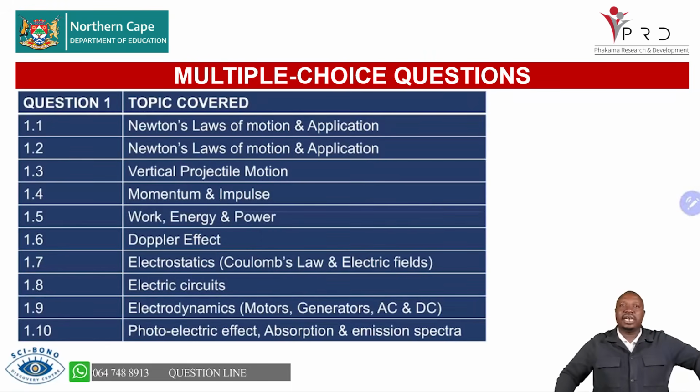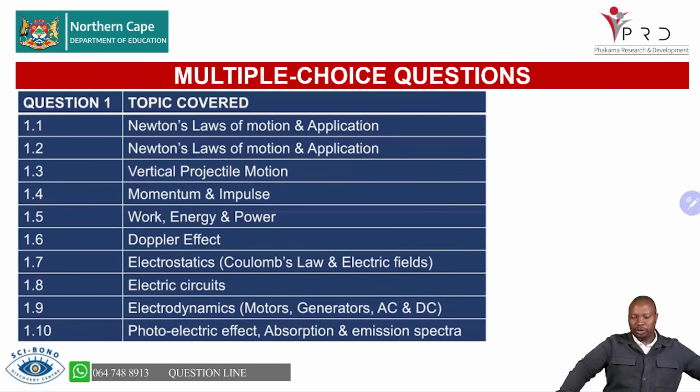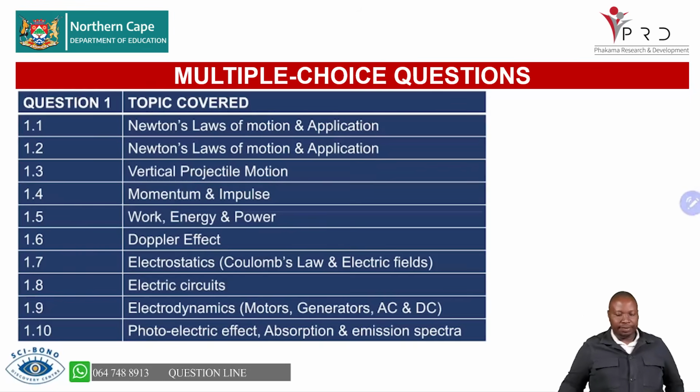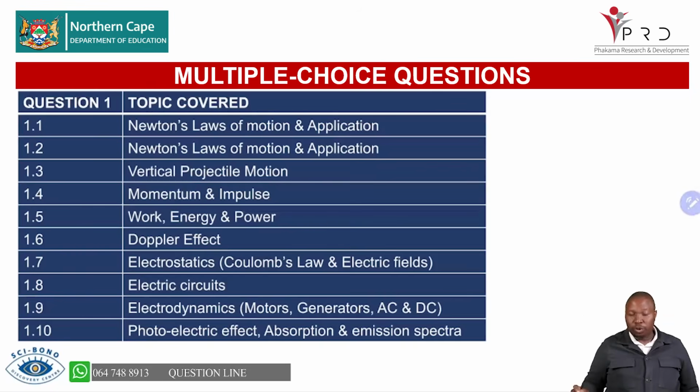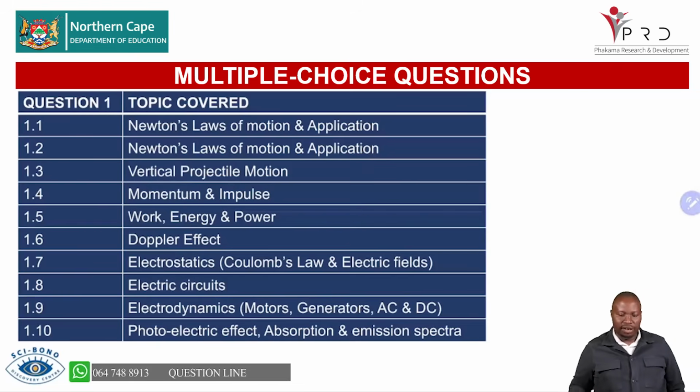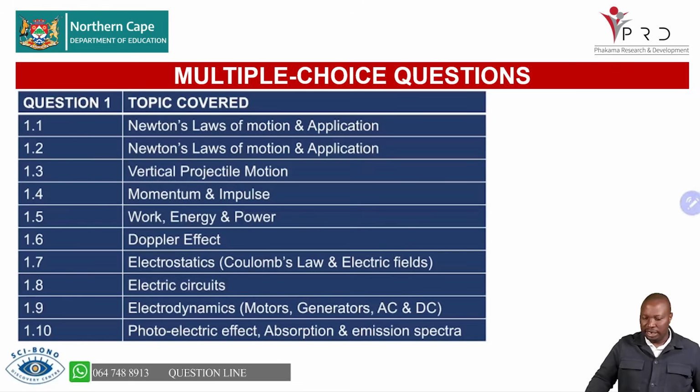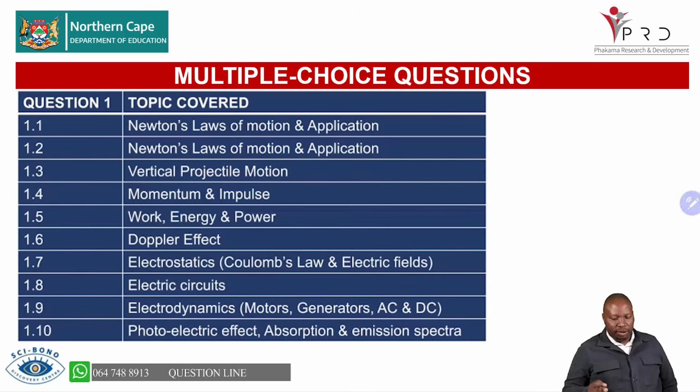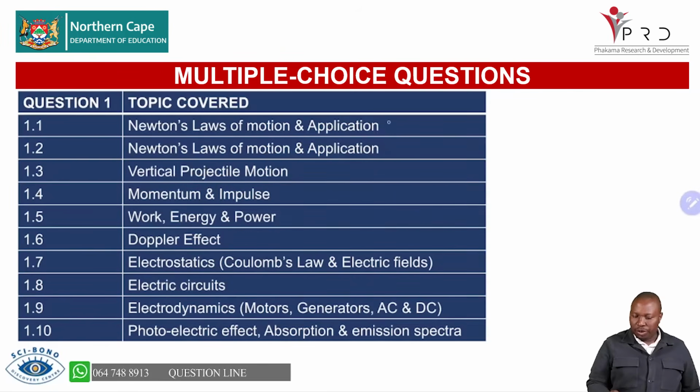Now, if we look at the structure of multiple choice questions that were written last year in November 2023, we had question 1, which is 10 questions, 2 marks each. And on the multiple choice questions, answer all the questions. Don't leave any question unanswered. And if you look at the structure, we had Newton's laws of motion in 1.1 and 1.2.